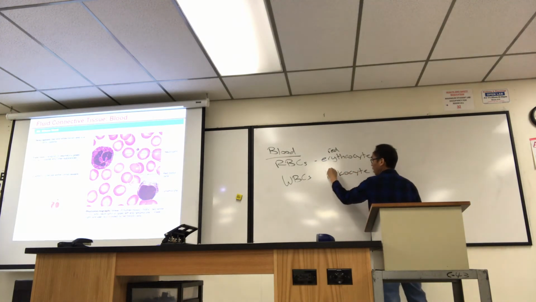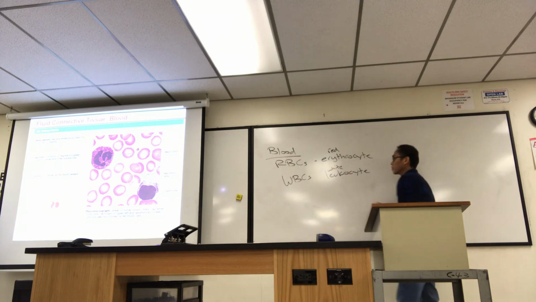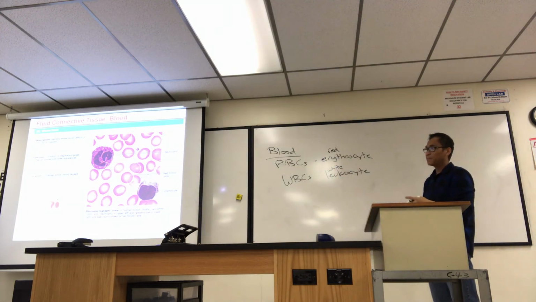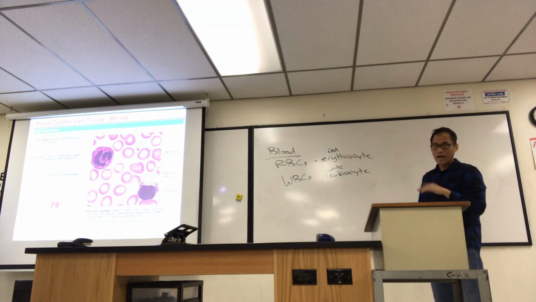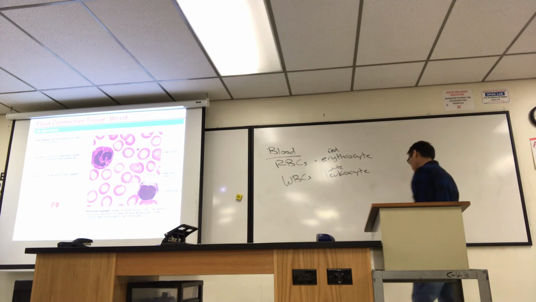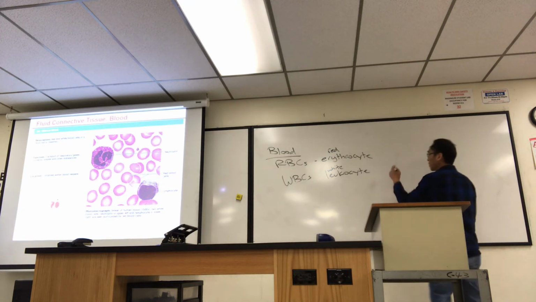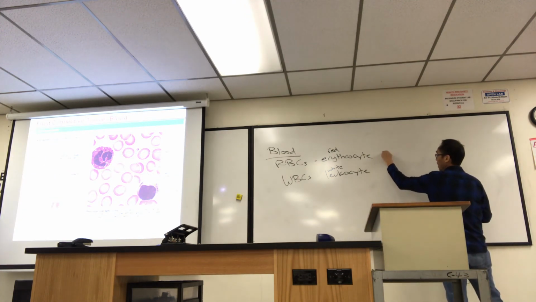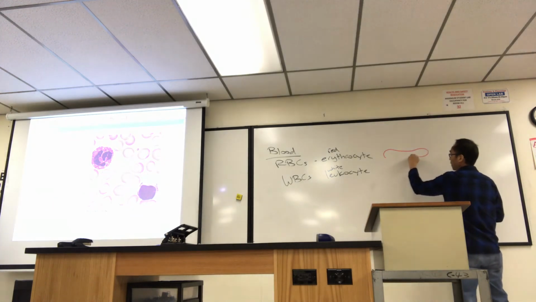Leuko means white. However, they stain purplish on the slide. And it's easy to tell what's what because the red blood cells have no nucleus. And they're kind of flattened in the middle. So if you look at a red blood cell from the side, they have what they call a biconcave shape.